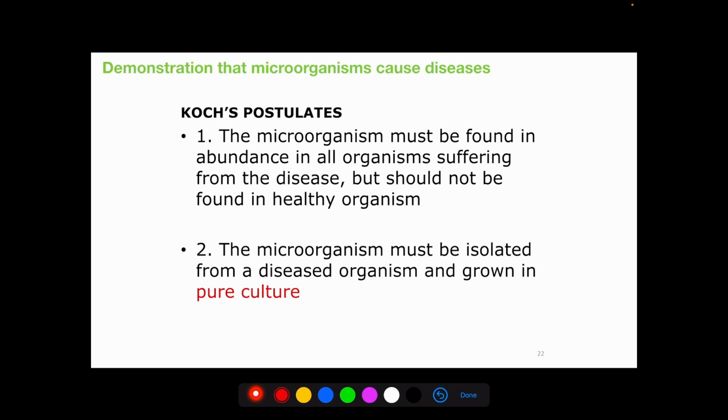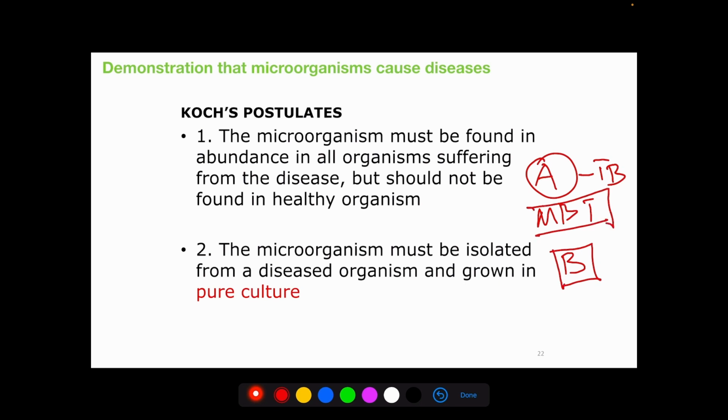But this microorganism should not be found in any healthy organism. And so if A is having TB, then we expect that A should have the Mycobacterium tuberculosis in his blood. But B, who does not have tuberculosis, should not have this Mycobacterium tuberculosis in the blood.